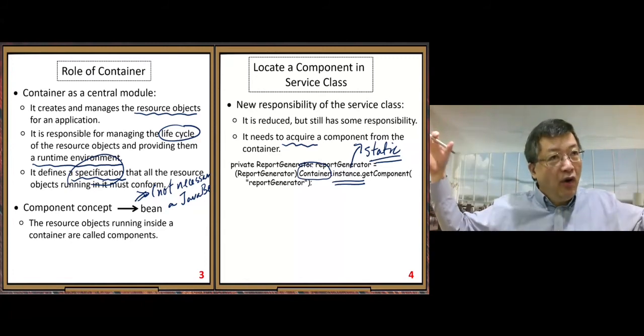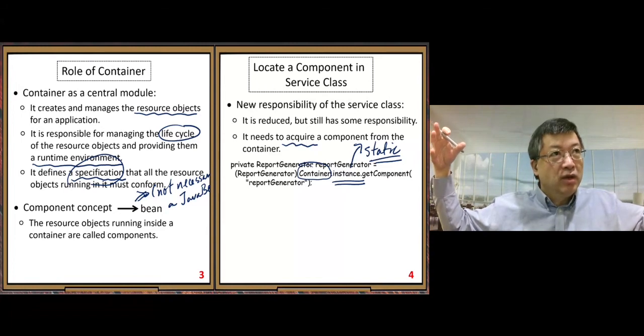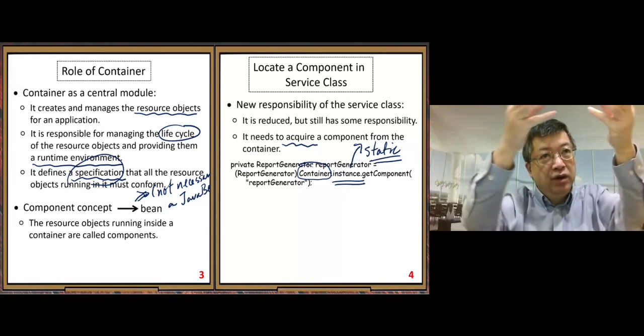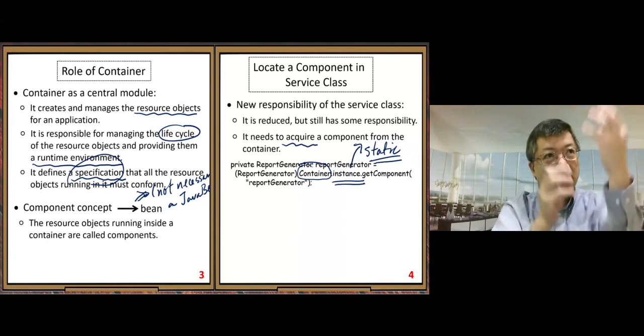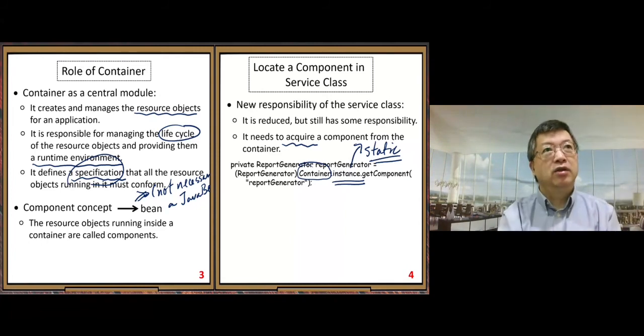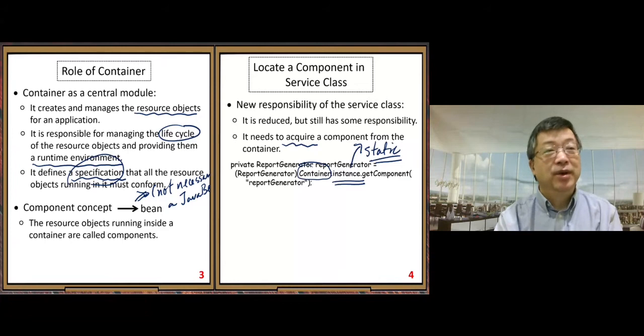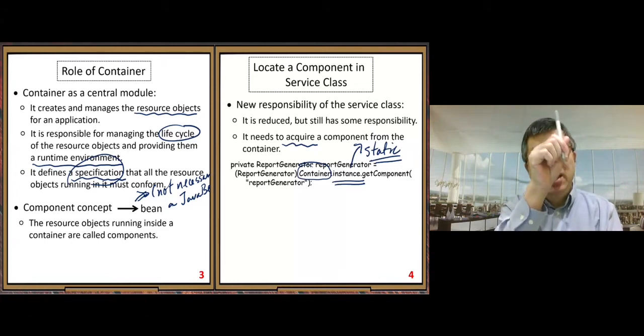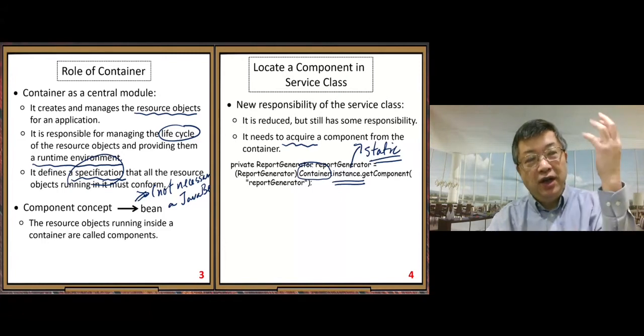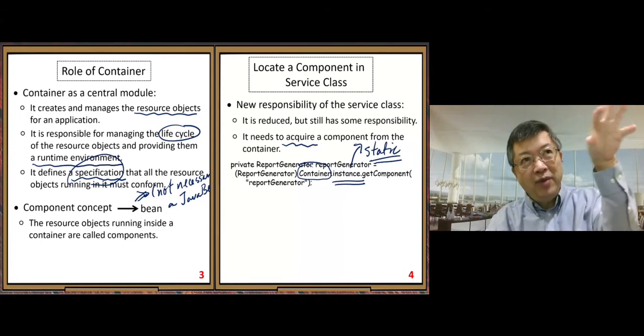So all the other components connect to this container with that single copy. You don't want to create multiple copies of a container. You want to access only one container copy. That's the reason it is a central module. So that's the reason we use dot instance, its static variable, and only get one container copy.